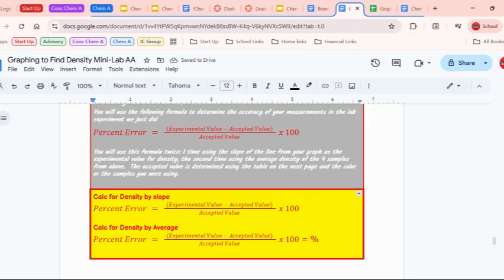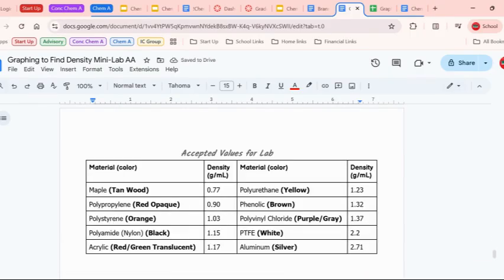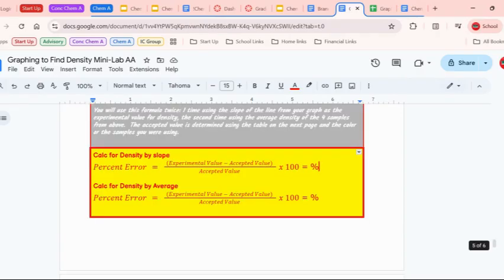Okay? So for both of these, you are going to do equals a certain percentage. Now, the way we calculate that number, ladies and gentlemen, is this is your target. This is your accepted value. So everywhere in here where it says accepted value, I'm going to replace it with that number.